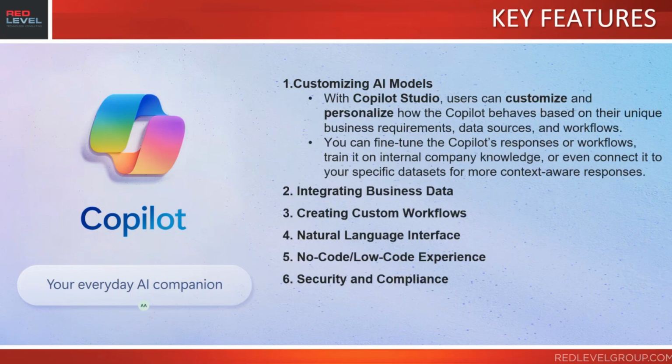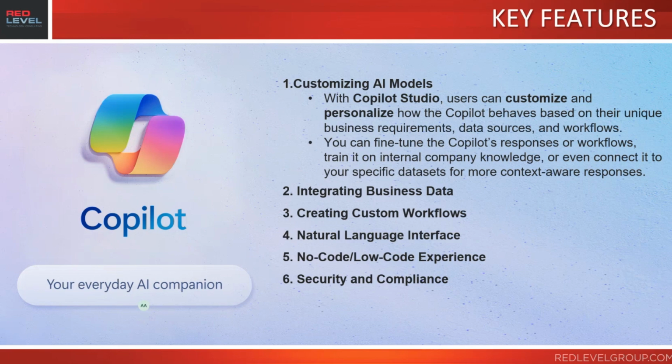One other thing, some key features here with everything that we're saying is, one, you can customize your AI models, and that's basically using Copilot Studio and the Power Platform.